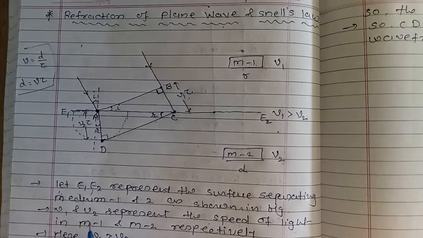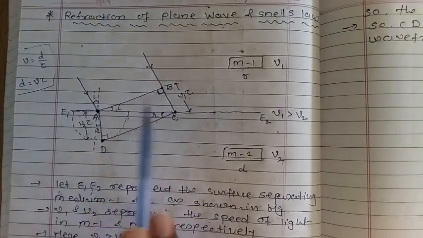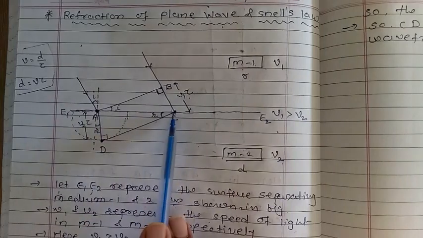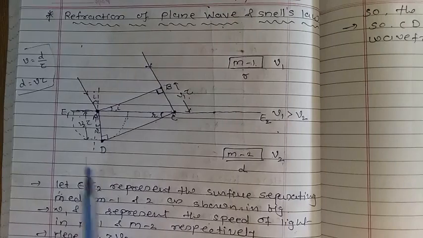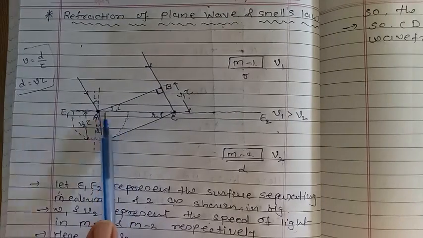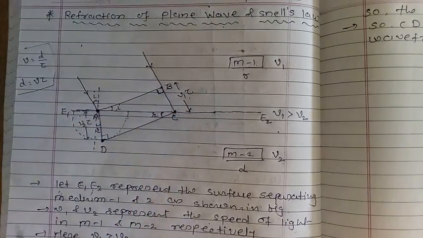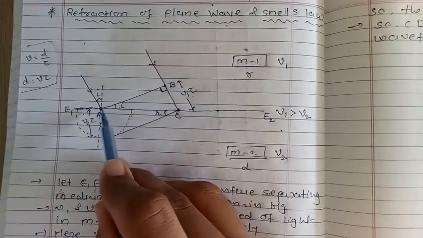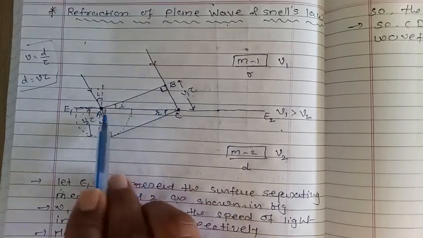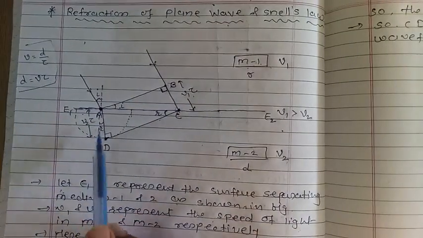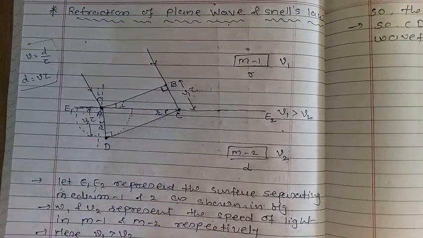In both triangles, side AC is the same, right? So for triangle ABC, sin i is equal to BC upon AC, right? And for triangle ADC, sin r is equal to AD upon AC, right?